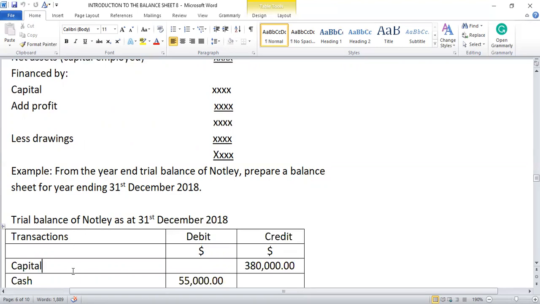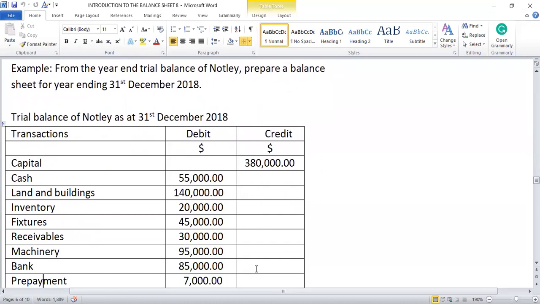So let us go. The trial balance as at 31st December 2018. The transactions, we have all the transactions, we have the debits and we have the credits. So let us put capital $380,000. Cash $55,000. Land and buildings $140,000. Inventory $20,000. Fixtures $45,000. Receivables $30,000. Machinery $95,000. Bank $85,000. Prepayment $7,000.